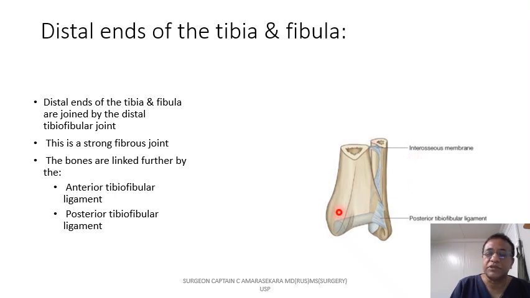Its stability is very important for ankle stability. Whenever you are assessing a patient with ankle trauma, you should assess the stability of the syndesmosis also. Not only the bone and other ligaments, you also have to assess syndesmosis stability, because it's crucial for maintaining ankle motility.